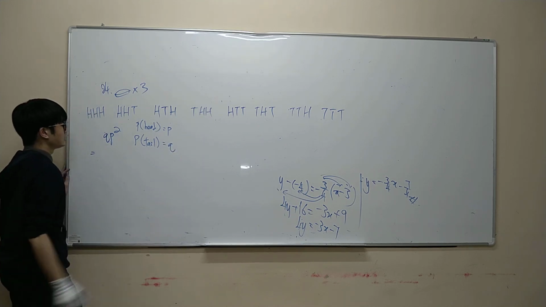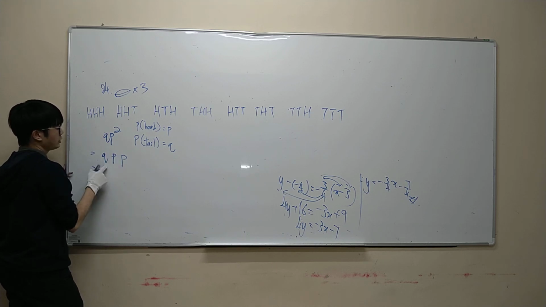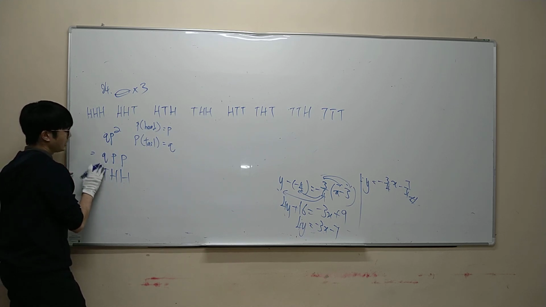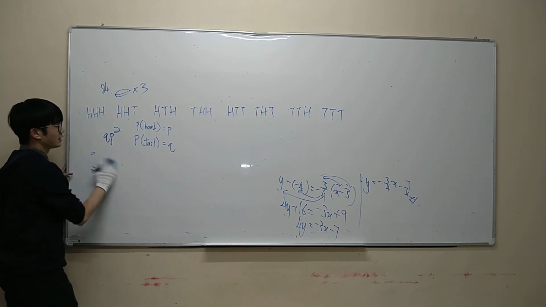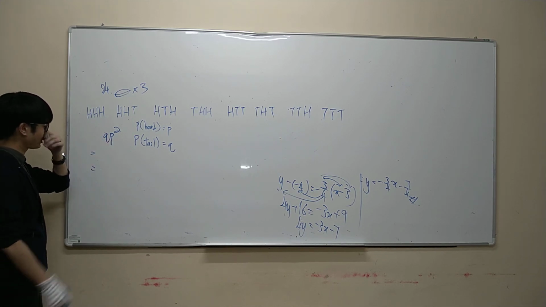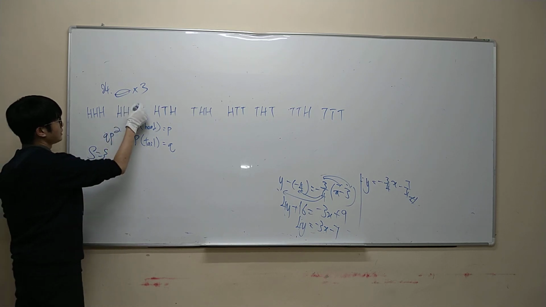The small letter q. So qp squared means qpp. So it means tail, head, head. Okay? It means one tail. It doesn't matter the arrangement. It means there is one tail, two heads. So the sample space with one tail, two heads is what? It's here.